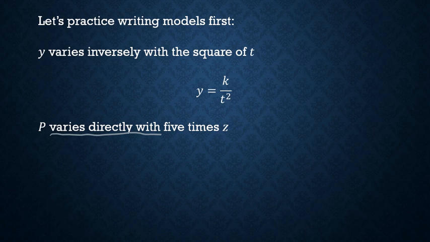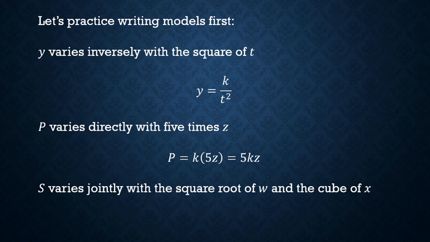So it's going to be p equals, we have that constant of variation k, and then our other quantity, 5 times z. So p is equal to k times 5z, which is the same thing as 5 times k times z. This is the model we would be working with here.